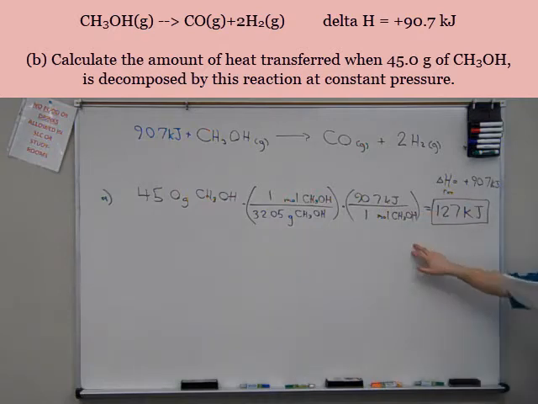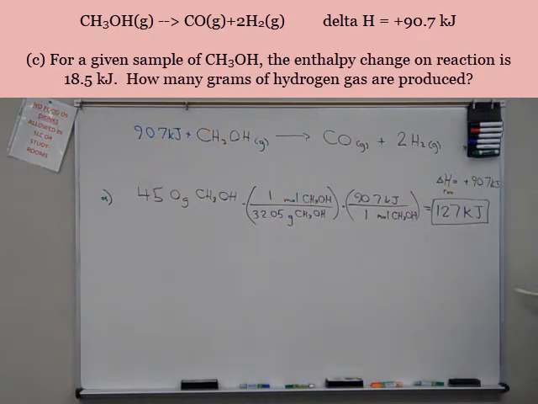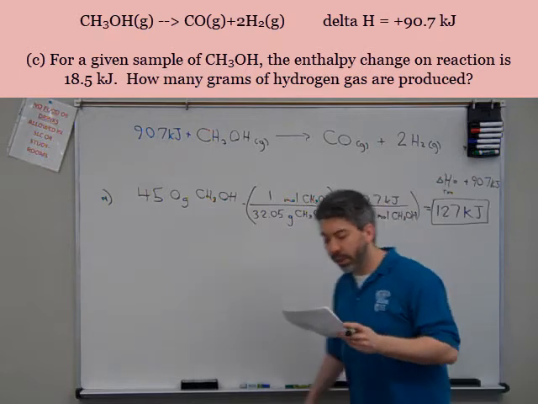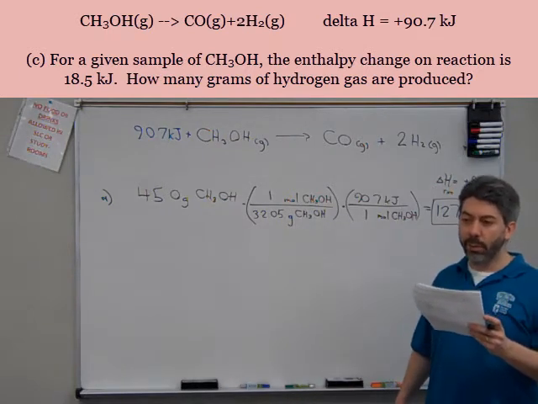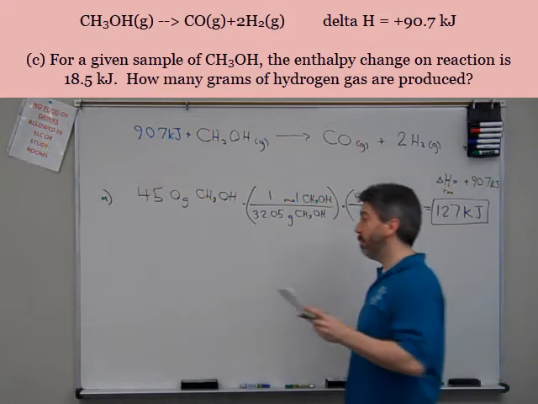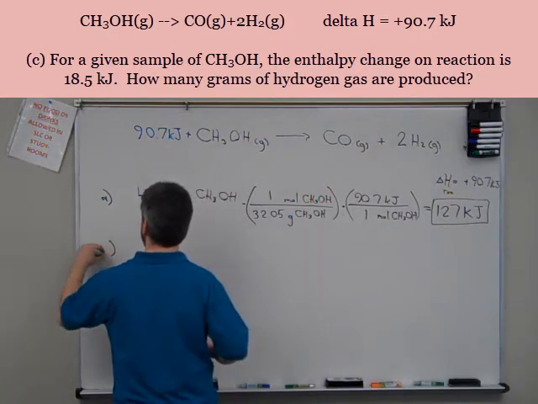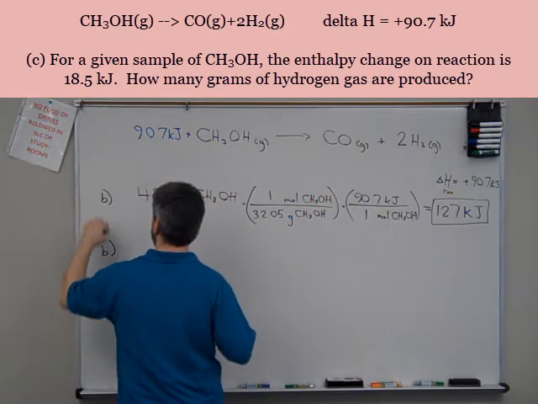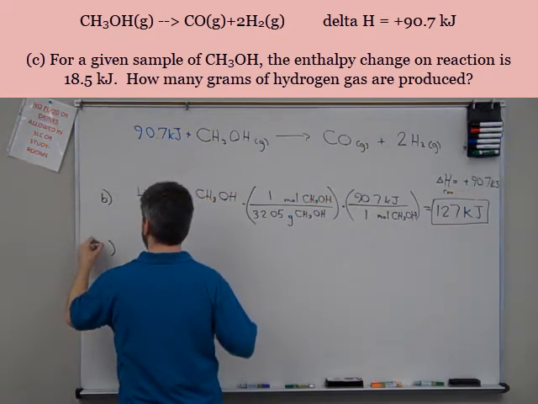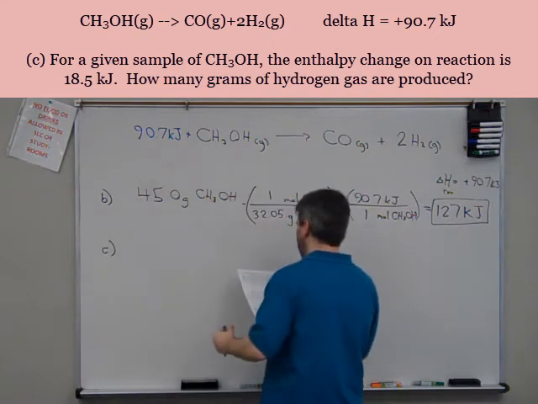So that's part B. Now part C says for a given sample of CH3OH, the enthalpy change on a reaction is 18.5 kilojoules. How many grams of hydrogen gas are produced? Oh sorry, this is actually B. I'm getting my letters mixed up. C. Okay.